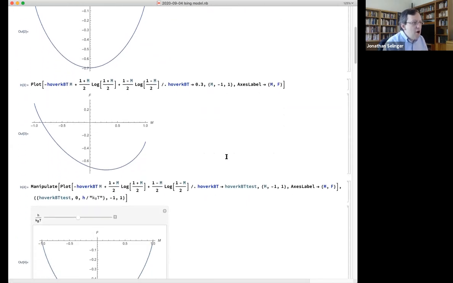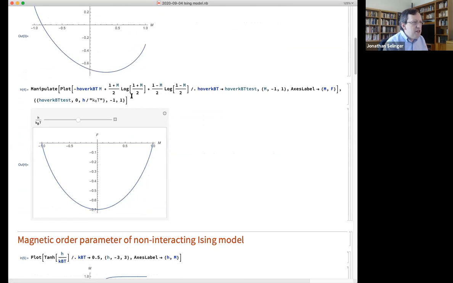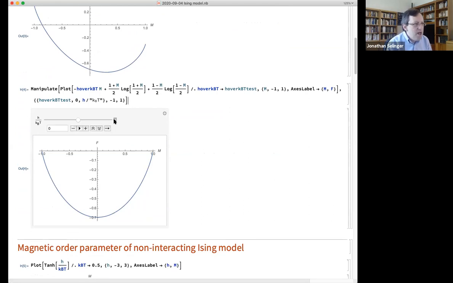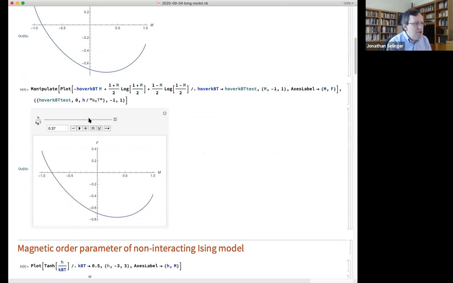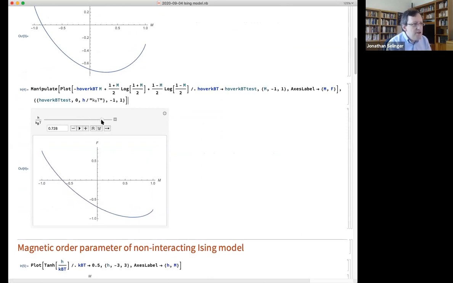This is a plot of what that free energy looks like as a function of m. Now I can adjust my little slider and see what happens to the plot as I change the magnetic field. The important change is that when there's a positive magnetic field, the minimum shifts. The minimum is no longer right at zero.